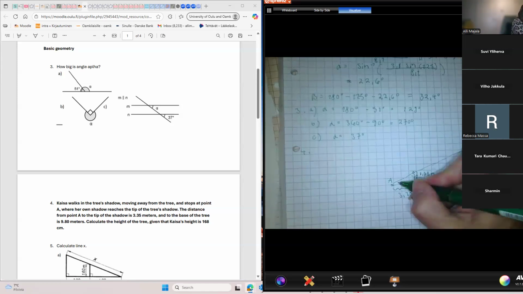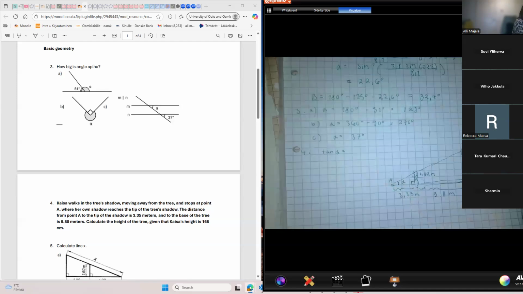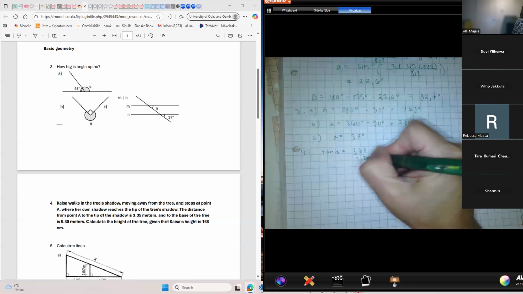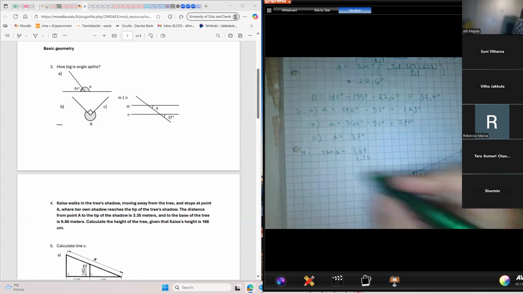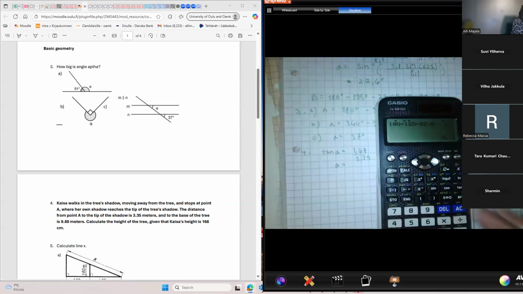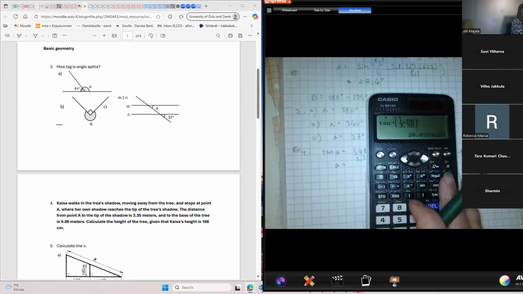One can solve an angle and then it's the same angle for both. That would be then the angle.